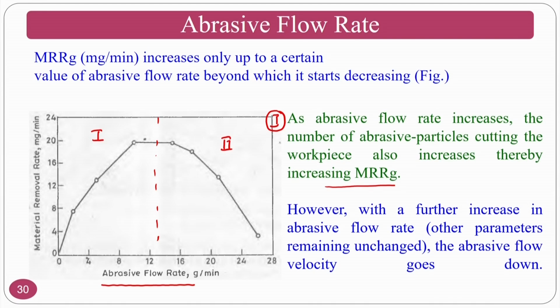From this particular graph, the inference is that one can use about 10 grams per minute, maximum up to 16 grams. If your material removal rate is good at 10 grams per minute, you can go for 10 grams per minute, so that you can achieve a better material removal rate in this context.